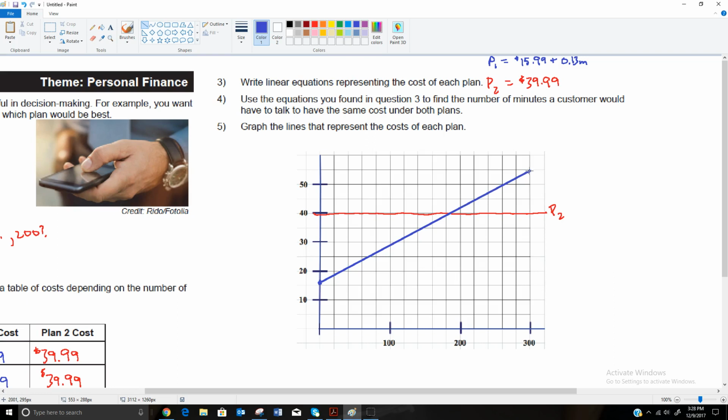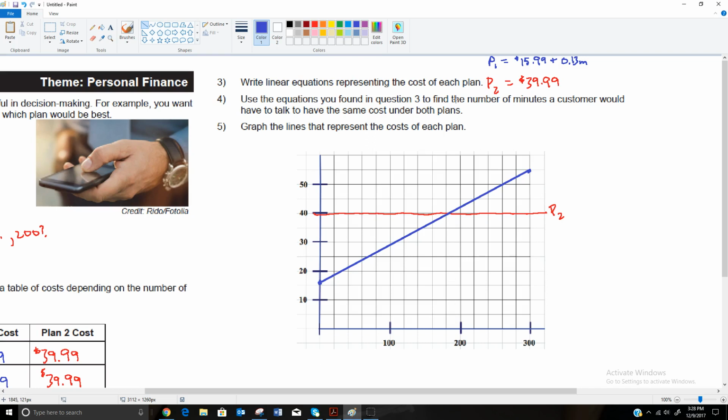Okay, so there's our two lines. So the question then is, where do they cross? Well, it looks like it's awfully close to, what are these going by? 120, 140, 160, looks like they're going by 20s. So it looks like it's very close to 180 minutes where they cross.